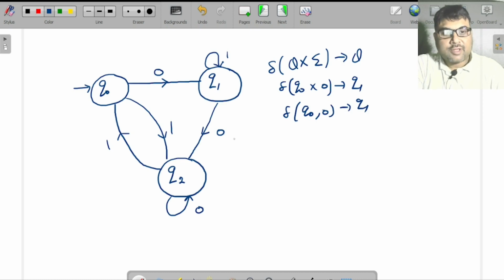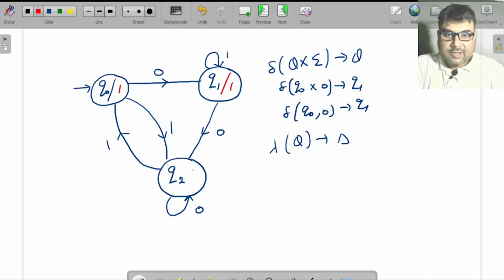But what about the output function here? The output is denoted by lambda, on state Q you get something. Here it is 1, it may be anything. Here it is 1, and here it is 0. It is just an example.